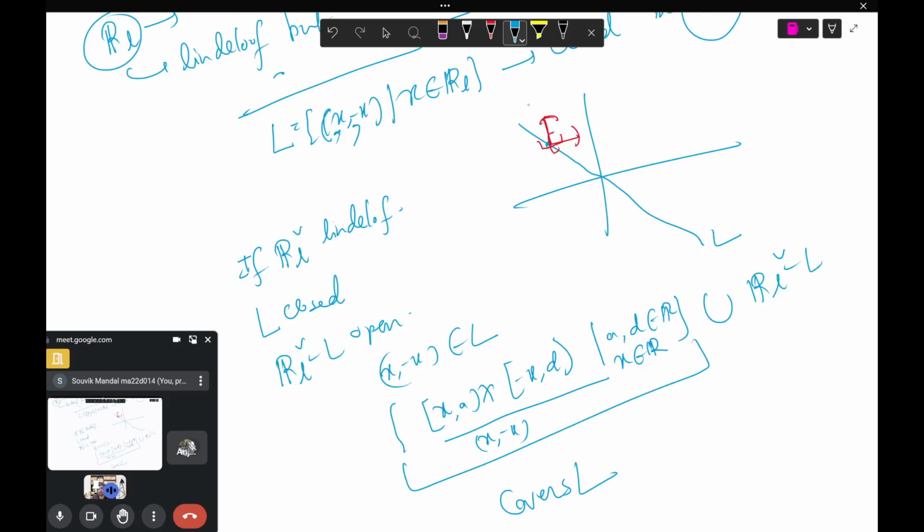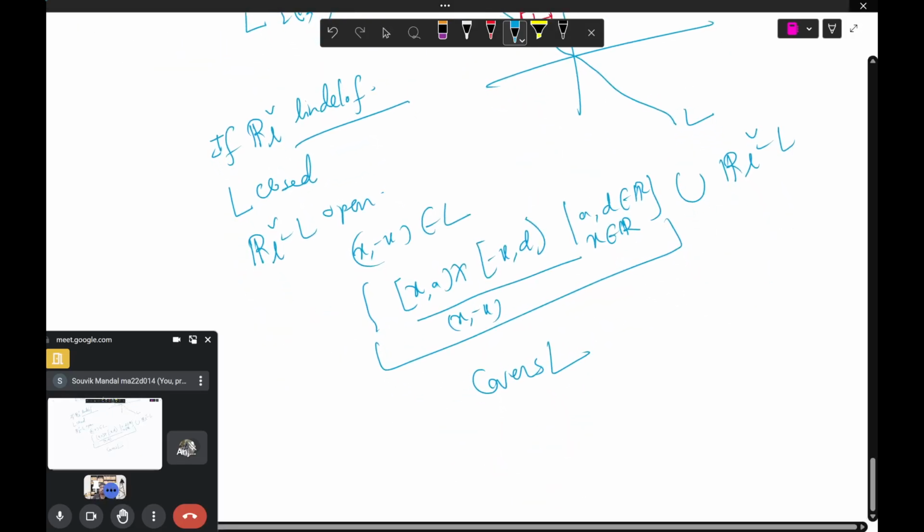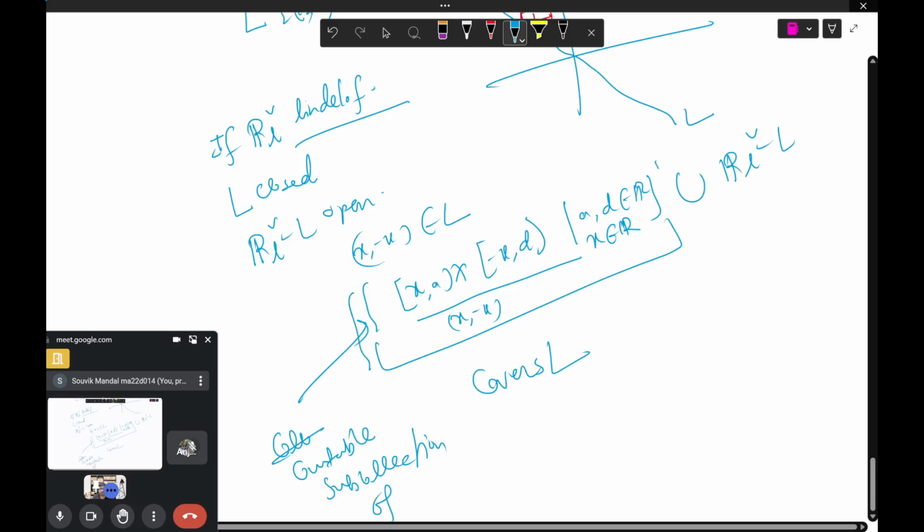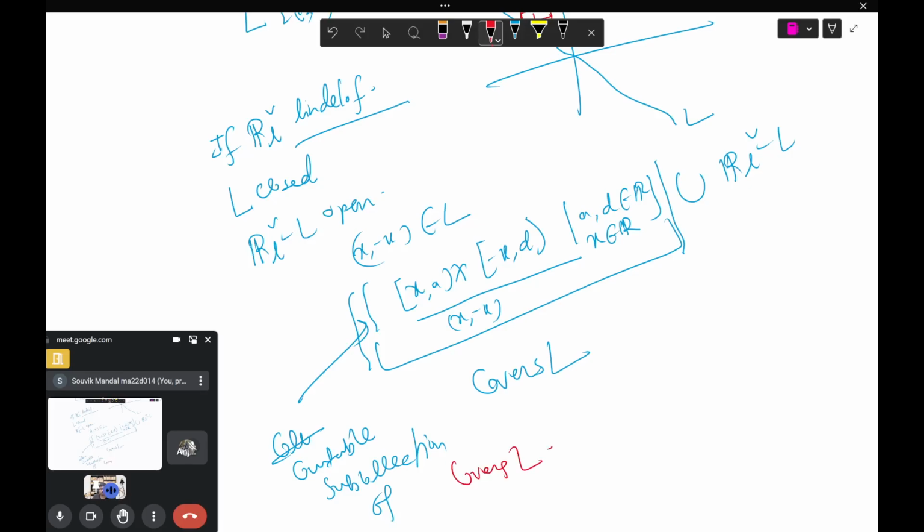Now if RL2 is Lindelof, then this cover must have a countable subcover. This implies that a countable subcollection of these sets covers L, so L must lie inside this portion.